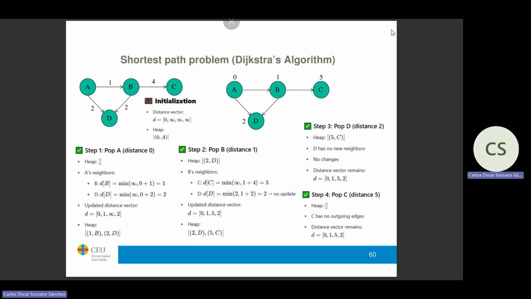Then you have all the distances, that is 0, 1, 5, and 2: the distance from A to A is 0, from A to B is 1, A to D is 2, from A to C is 5. And you see, what is the cost of this? It is mostly the number of nodes. That is why it is polynomial time. You don't have to evaluate all possible paths in a combinatorial way.